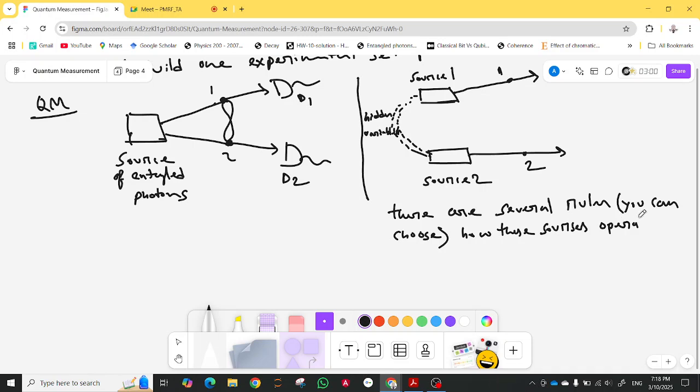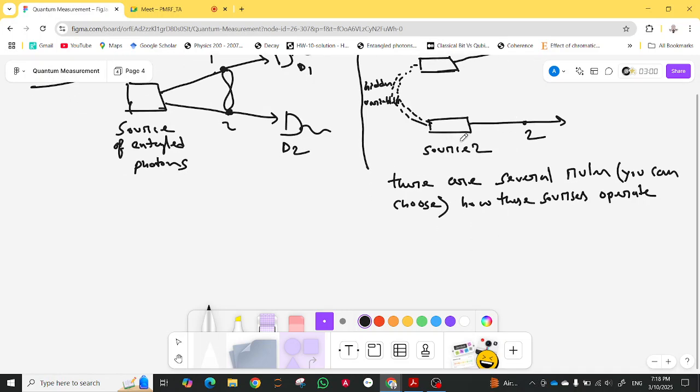So how source 1 and source 2 will operate is in your hand. You can choose any rules you want. And these two sources are emitting two photons. Okay, now check the measurement.